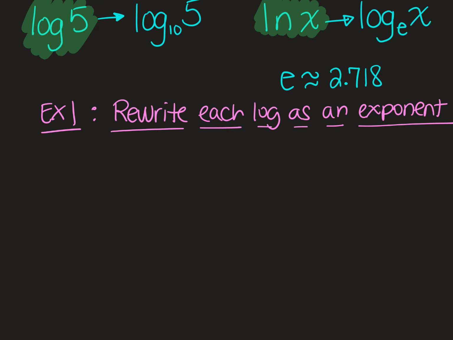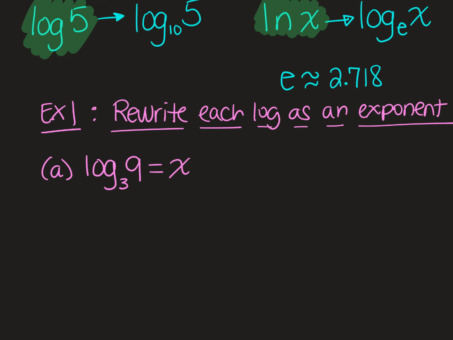All right, so let's take something like this. The log base 3 of 9 equals x. Now, I want you to hear how I said that, right? It's the log base 3 of 9 equals x. So when you read a logarithm, that's how you read it. Log base 3 of 9 equals x.